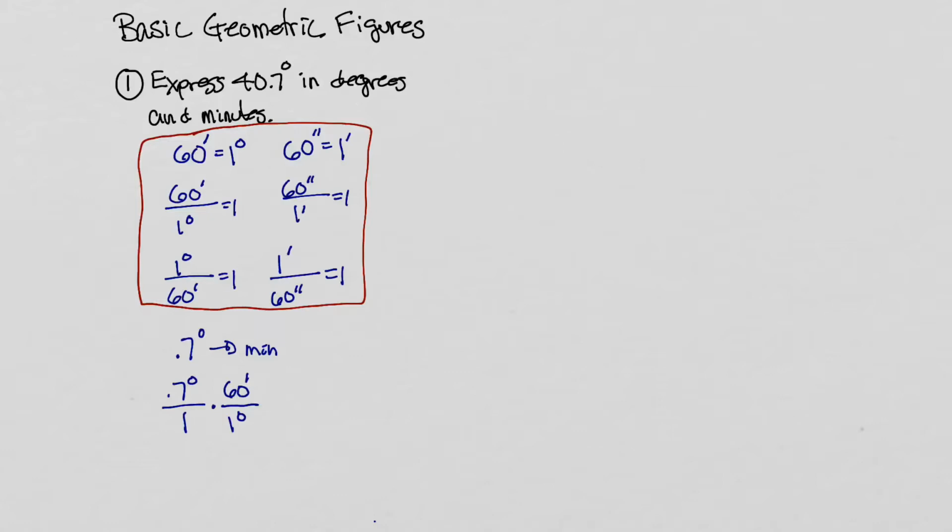And then the degrees cancel, and we get 0.7 times 60 minutes, all over 1 times 1, which is just 1. We're going to say that 40.7 degrees is equal to 40 degrees and 42 minutes.